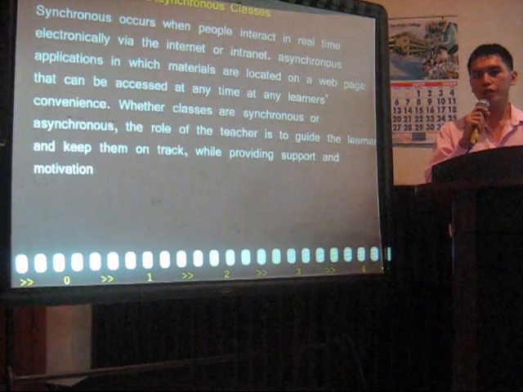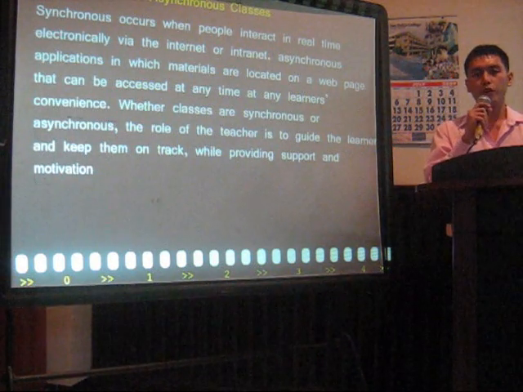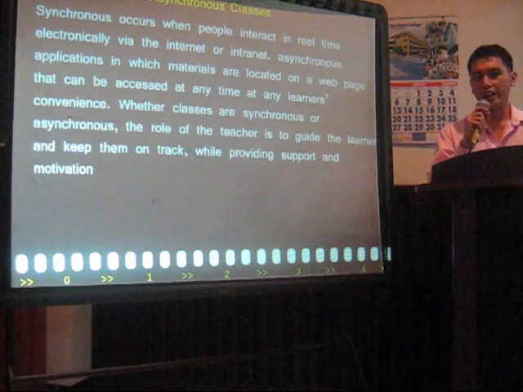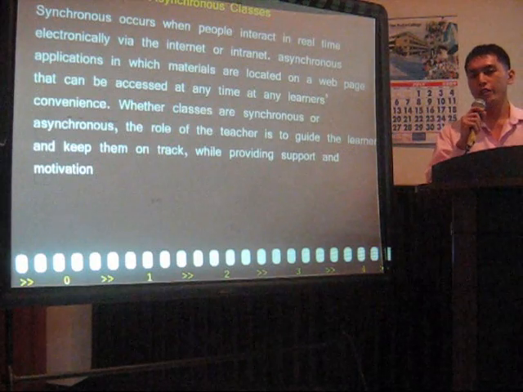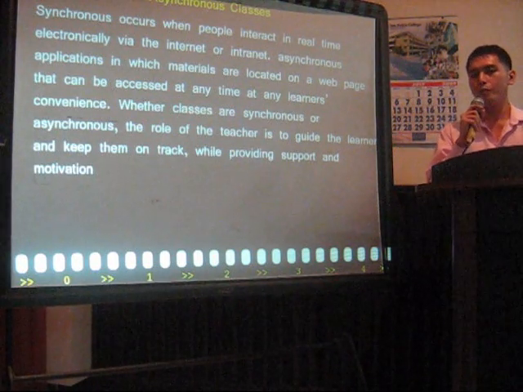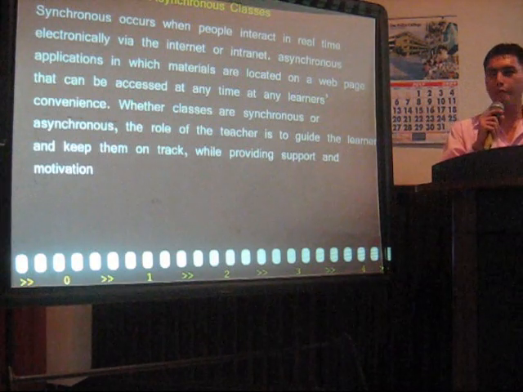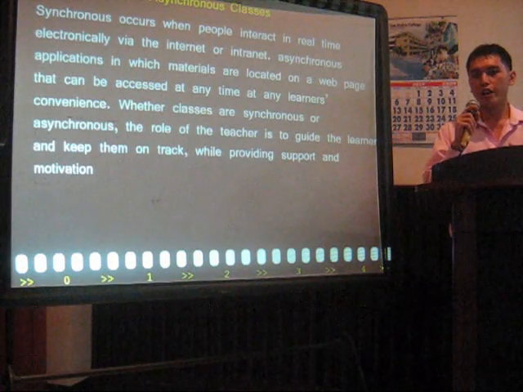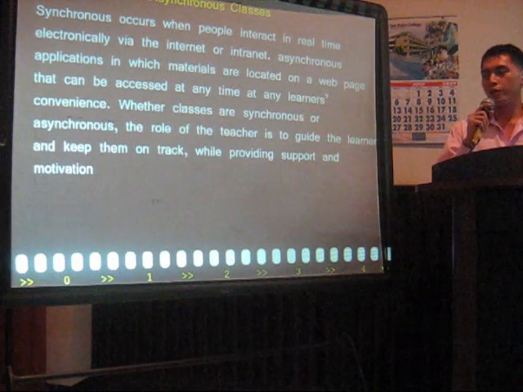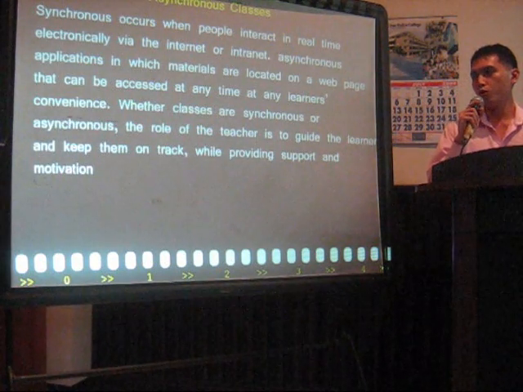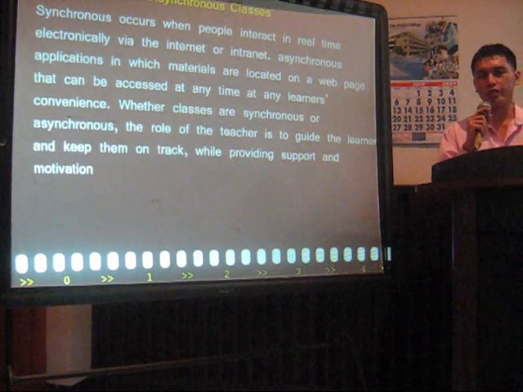Synchronous versus asynchronous. Synchronous learners are people who interact in real time through the internet. Asynchronous learners are persons who view the web pages in their convenient time, and they are facilitated by a faculty or teacher, whose role is to guide the learners and keep them on track, providing support and motivation.